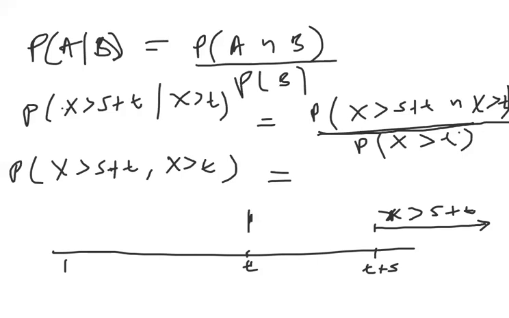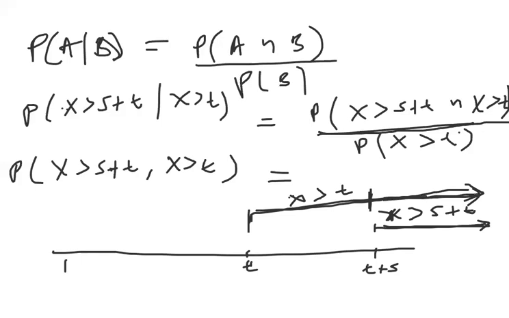The intersection between this line and this line starts only from this point upwards, because it is only the numbers here that can be found in both.